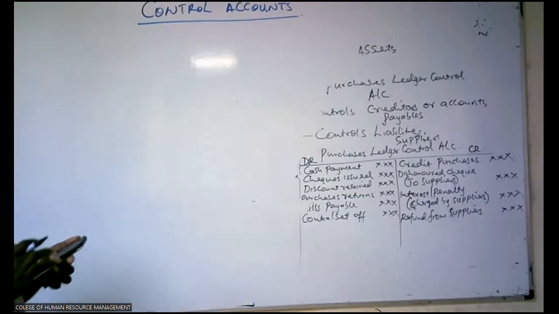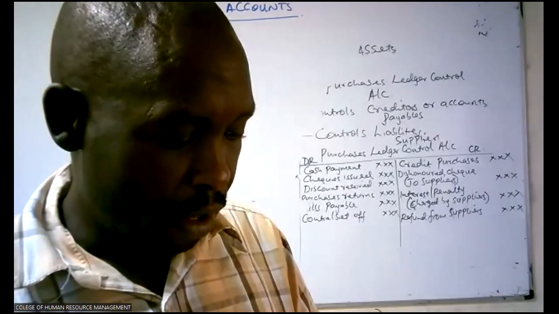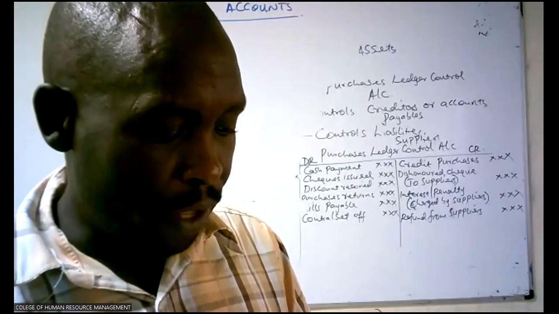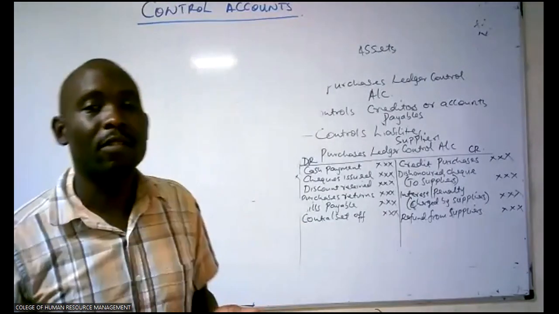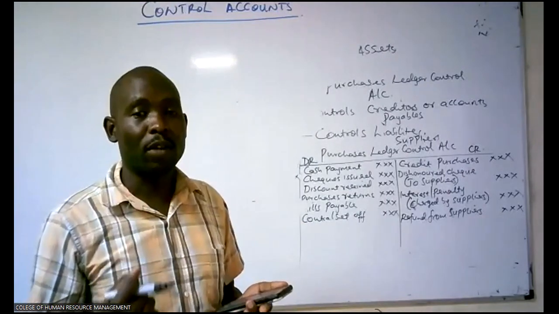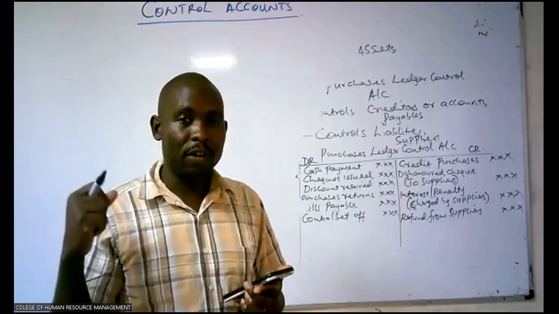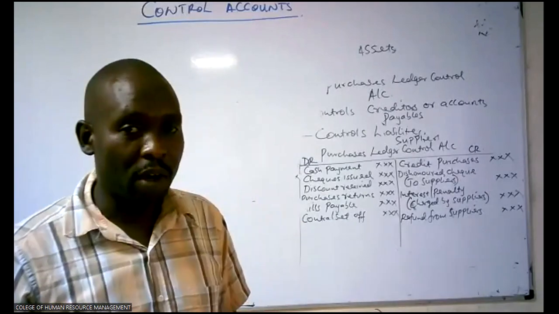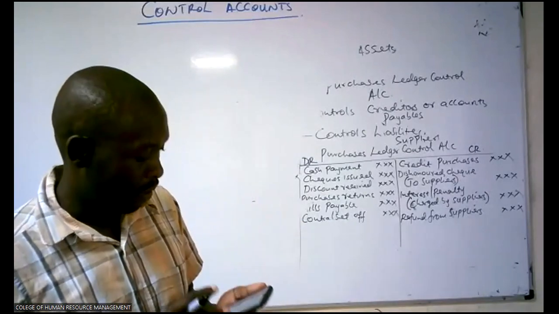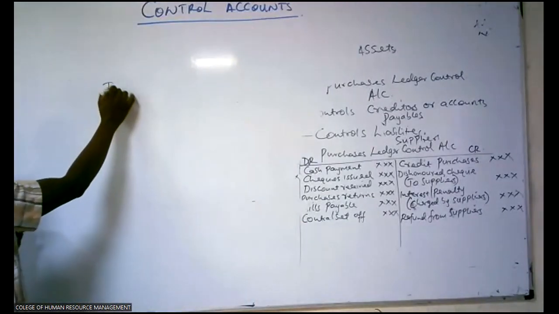Actually, let me use the one that they have used at the point of the required. The trade receivables control account. The trade receivables are debtors, and that is the same as the sales ledger control account. The debtors control account is the same as the trade receivables control account. It is the same as the sales ledger control account because it's one and the same thing. Let me record it as trade receivable.